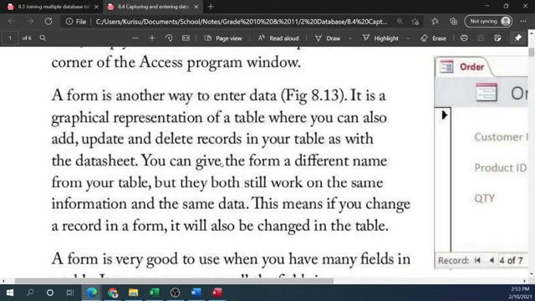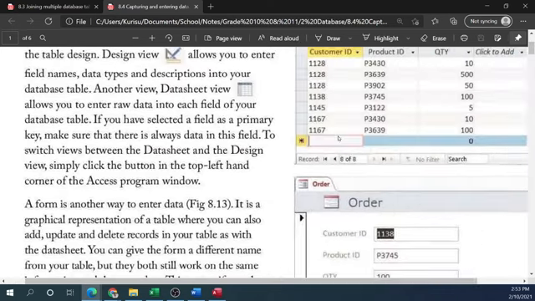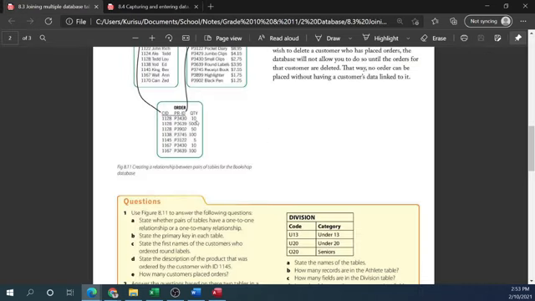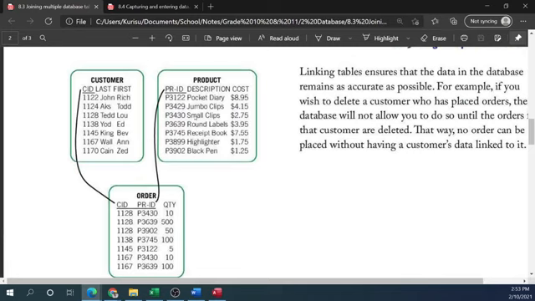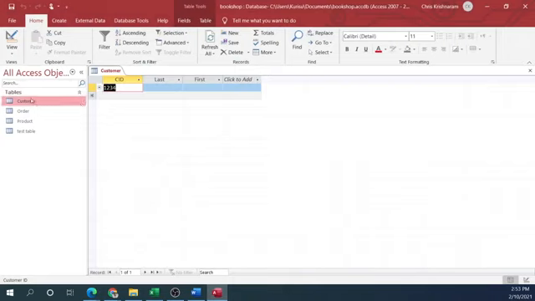Good. So a form is basically another method that you can use to enter data into your table. If we look back at the customer table, the bookshop database here, this has three tables: the customer table, product, and order. And in order for you to input data, let me show you from the database that I have here. We have the customer table. If we want to enter customer information, we have to open the customer table, type in the information, and so on.